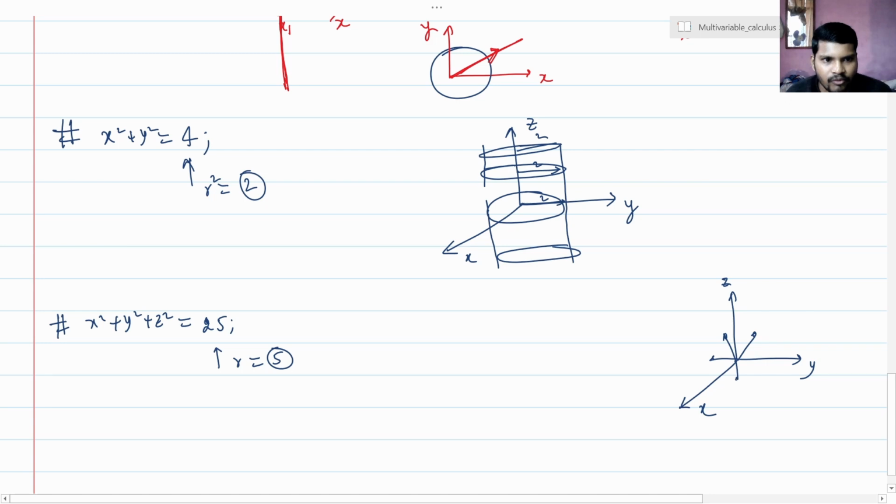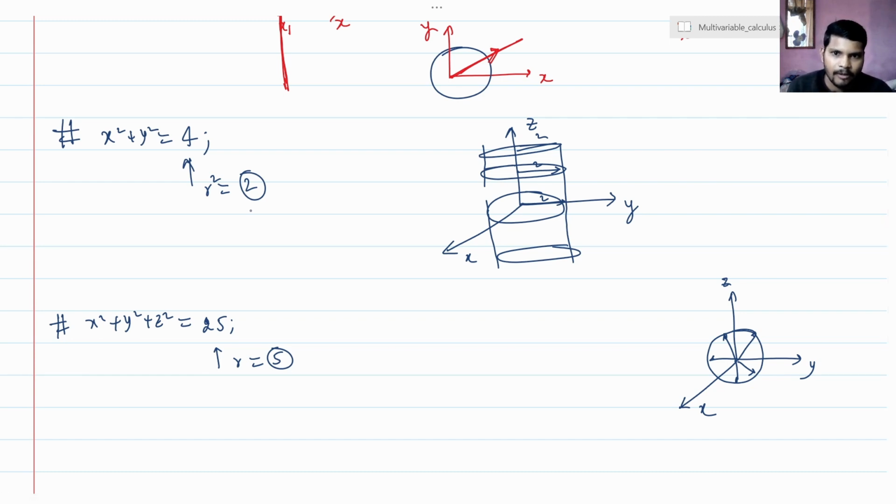So you can think of it as a sphere, because in 2D if you have x square plus y square and r is fixed from the origin, then it is just like a circle. But when you are in 3D, then everything is constrained by some kind of radius, so it is becoming a surface. So x square plus y square plus z square is equal to 25, and the radius is the radius of the sphere.